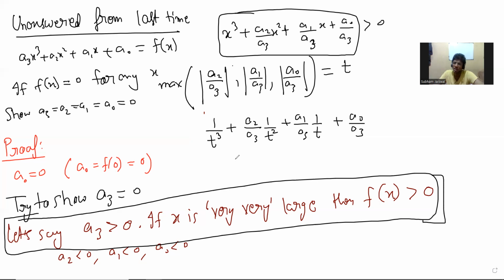Yes, you can say it like that, or that is good enough. What I was thinking is that in a lot of cases it will be smaller. Also, this is t cube, it becomes t square.